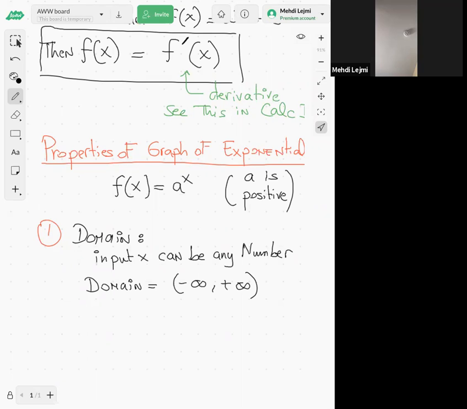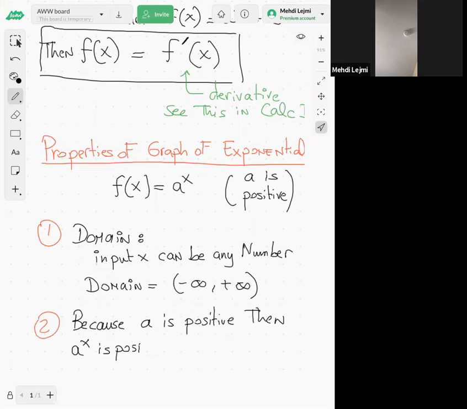Now, what about the range of exponential functions? Well, because a is positive and we have a to the power x, this a to the power x is going to be positive.